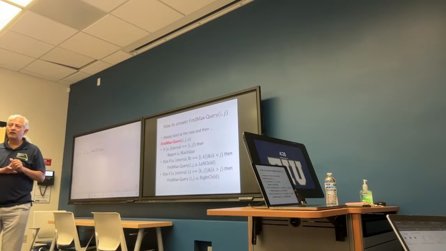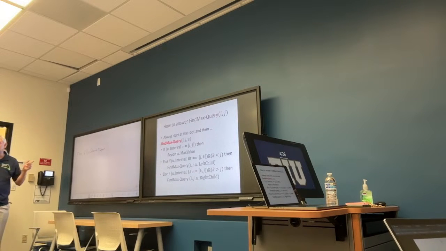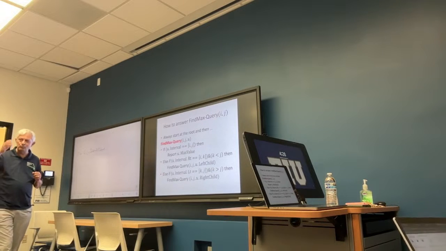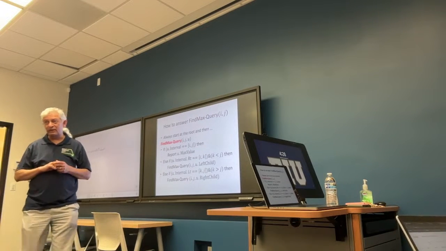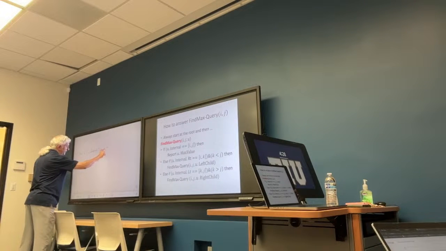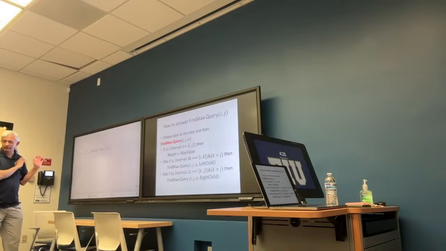Wouldn't you need the midpoint of I and J and not of the node's interval? It's the same thing, we're going to assume that the midpoint is what was used to separate the left child and the right child. So I'm going to say if it is greater than J, then I know for sure I have to go to the left subtree.